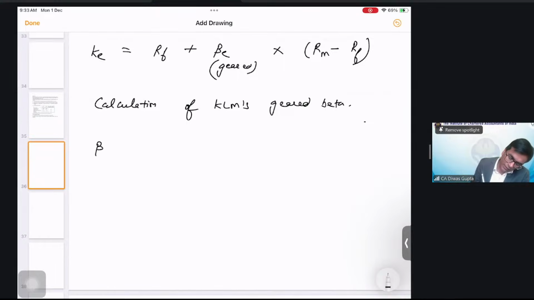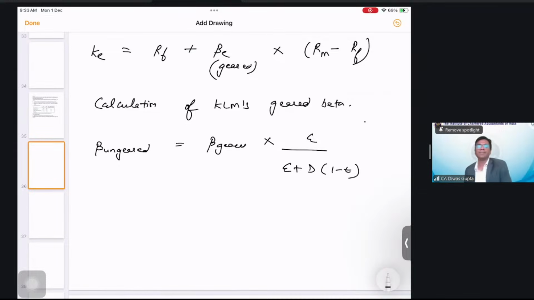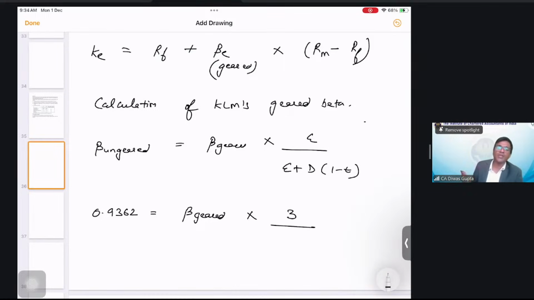So beta ungeared is equal to beta geared multiplied by equity divided by equity plus debt, 1 minus tax rate. So 0.9362 is equal to beta geared, which is what we will have to compute, multiplied by 3. 1:3 is the debt equity, right? So 3 plus 1 minus 30%.